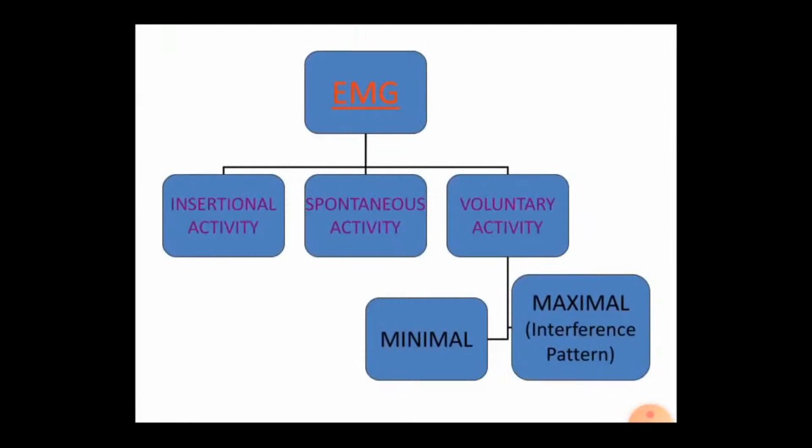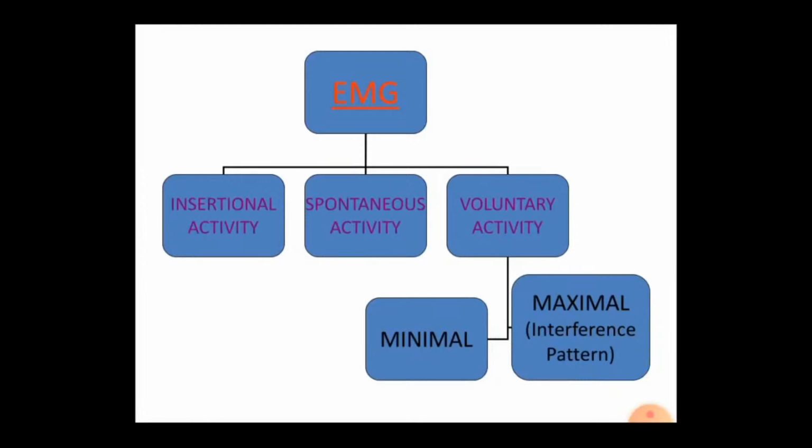EMG, that is electromyography, has insertional activity, meaning whenever the needle is getting inserted inside the muscle, whatever activity is seen at that time is known as insertional activity. Another is spontaneous activity.